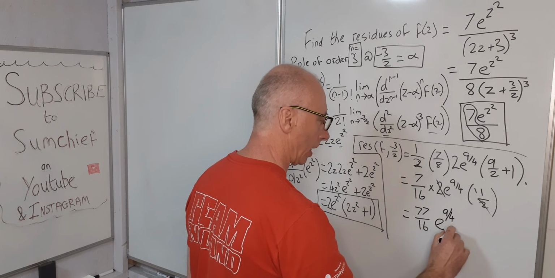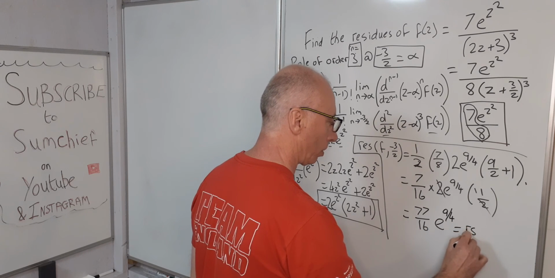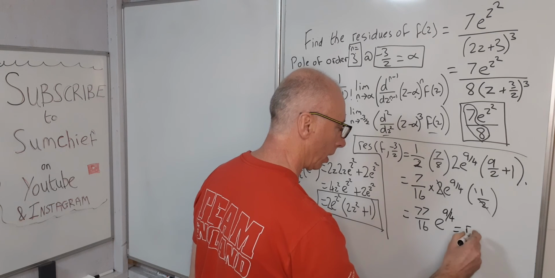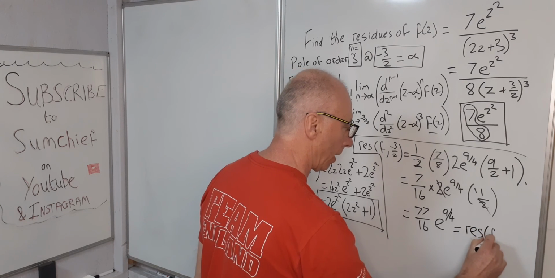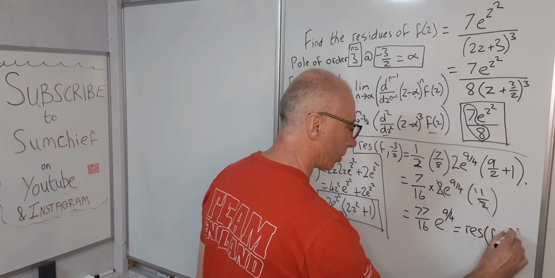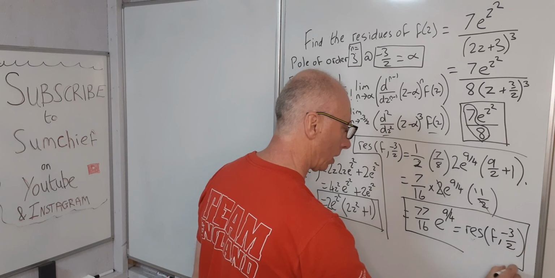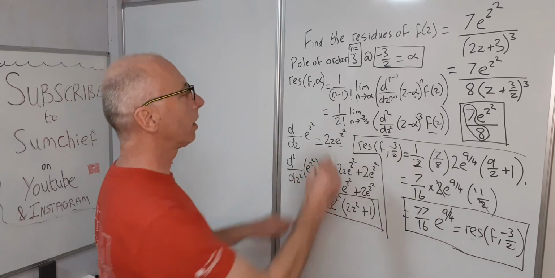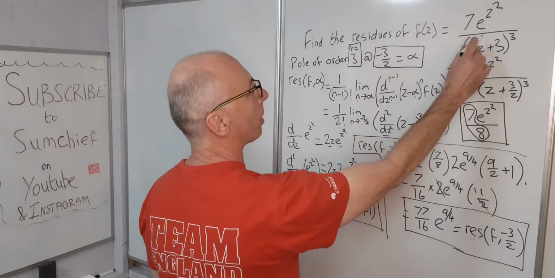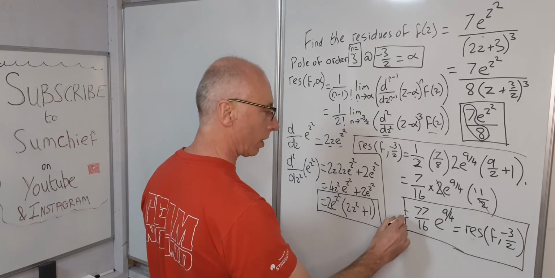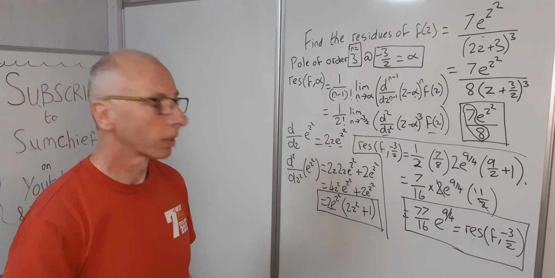And that equals our residue. Sorry, let me write that properly: the residue of f at minus 3 over 2. That is our answer. So using this formula, that is how we find the residue of this function, and this is our answer.